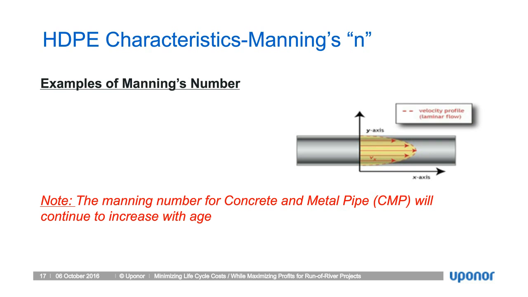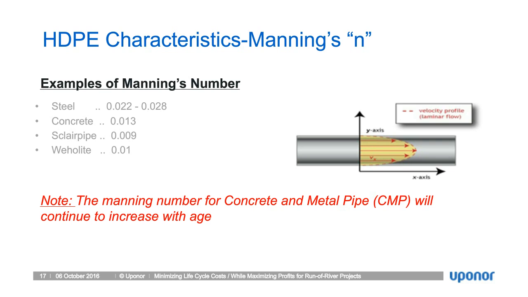As an example, because of the importance of this, let's look at the different materials. Steel is 0.02, concrete is 0.013, our profile wall is 0.009, one of the lowest, and the Weholite is 0.01, so a very low Manning's number.